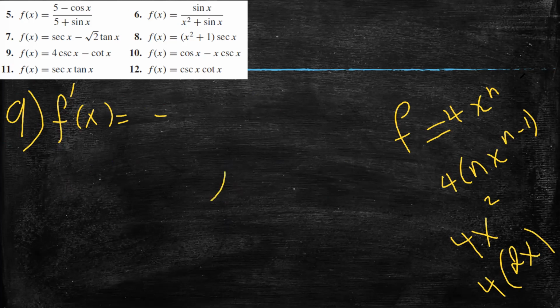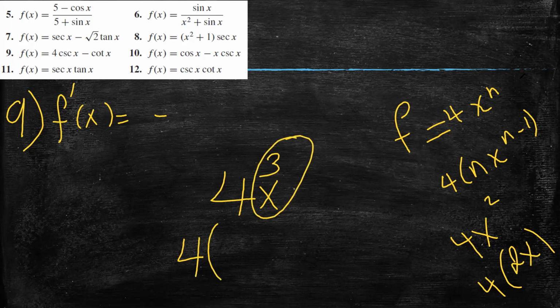Yes, if we have 4x cubed, Lana, what's the derivative of it? It's 4. What is the derivative of x cubed? It's 3x squared. So we say that if the 4 is multiplied by a variable, we just pick the 4 outside. Drop it outside. So here also, if 4 is multiplied by cosecant, we just drop the 4 outside.